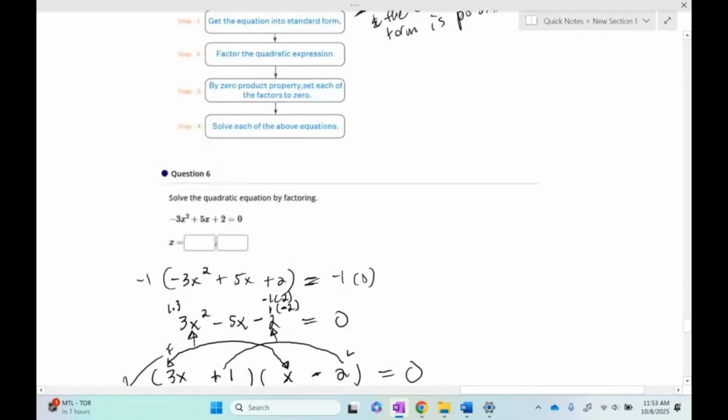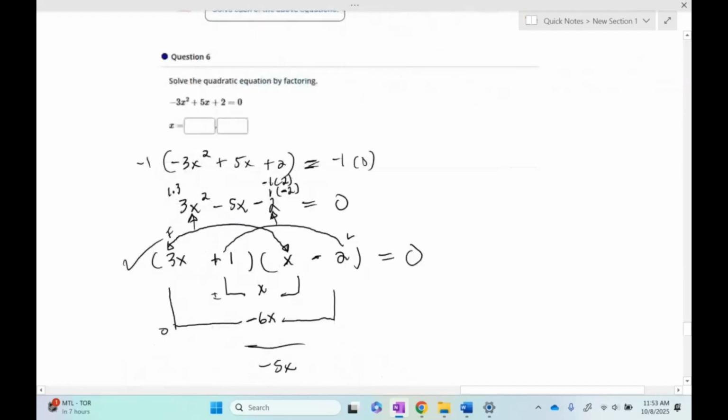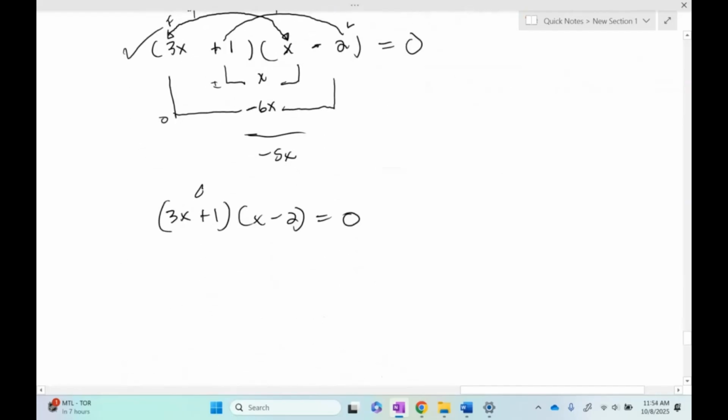So this is the zero factor property. It says if a times b is equal to 0, then we can let a equal 0 and b equal 0. Looking back at our equation, that's exactly what we have.